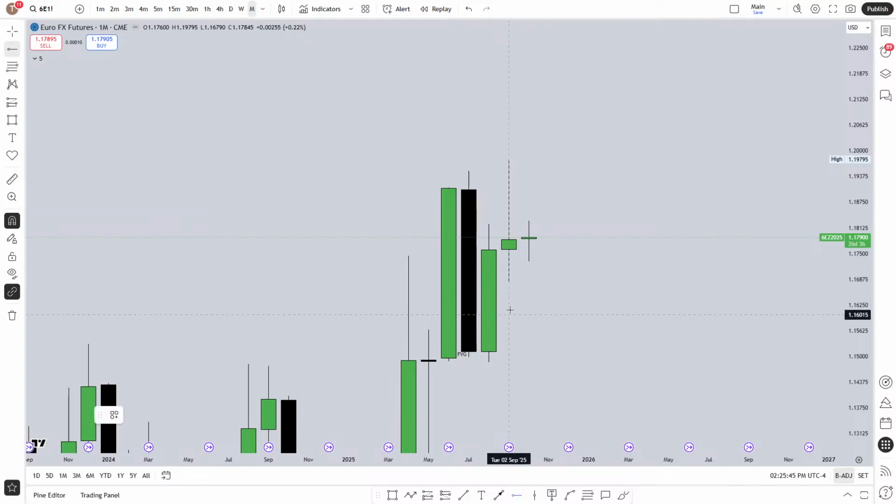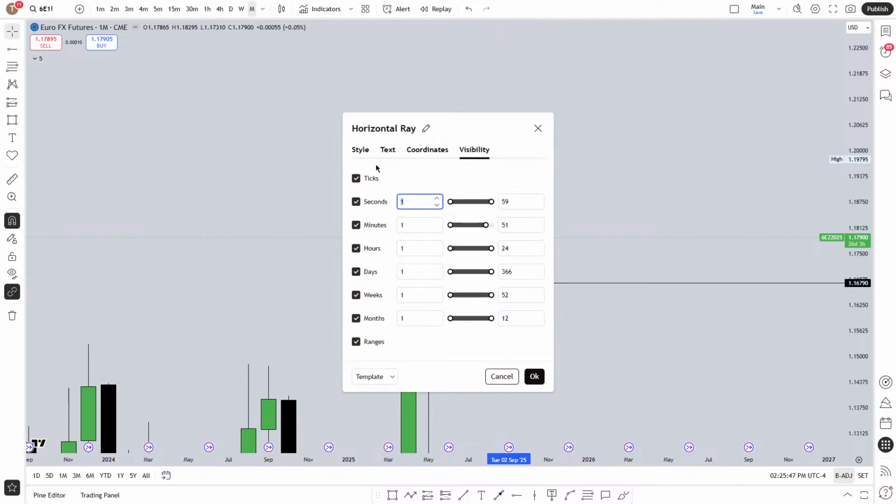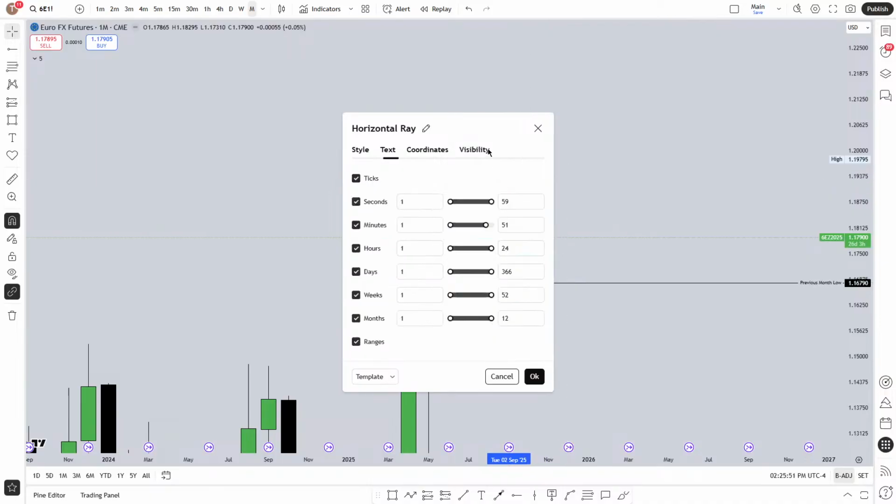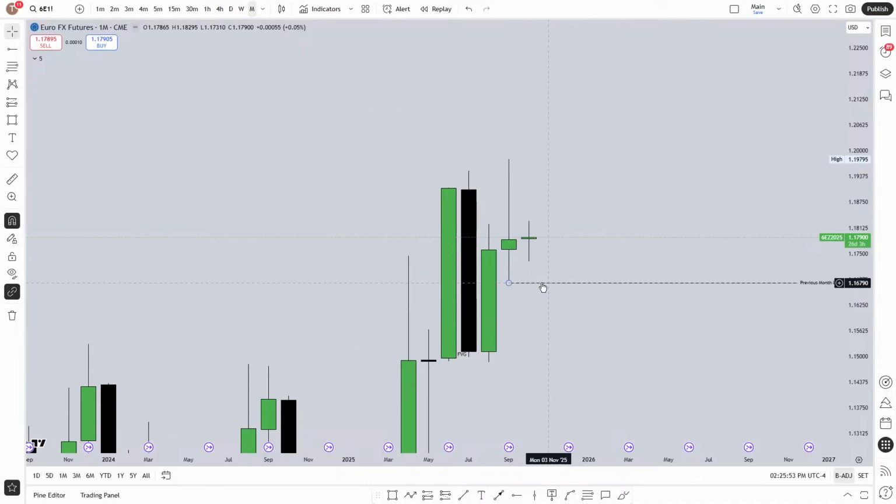So previous month low is right there. And then that's your previous month high.